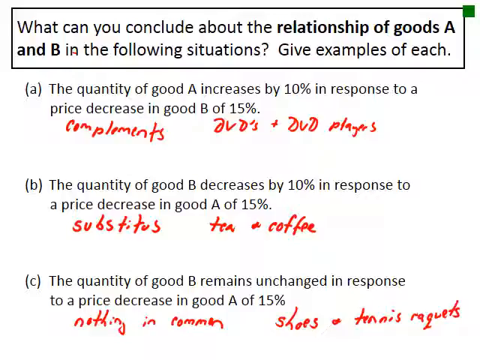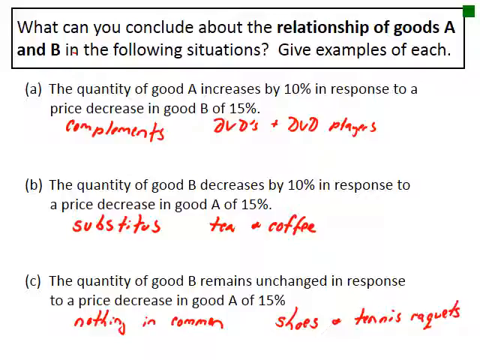We have a price decrease of one good and the quantity of something else increasing. Complements. But let's think of the DVDs and DVD players, and let's make sure that we didn't make a mistake.